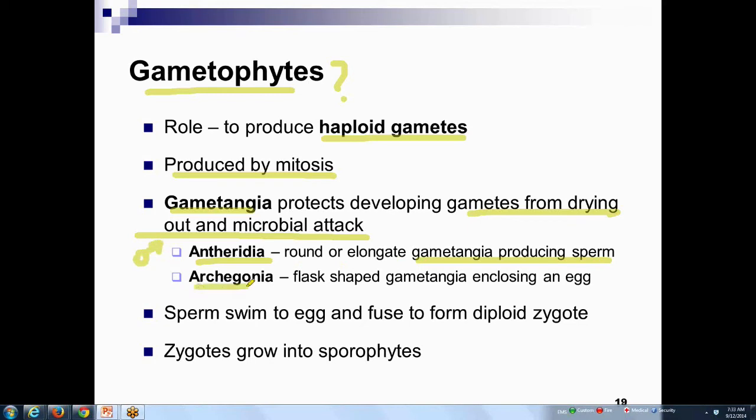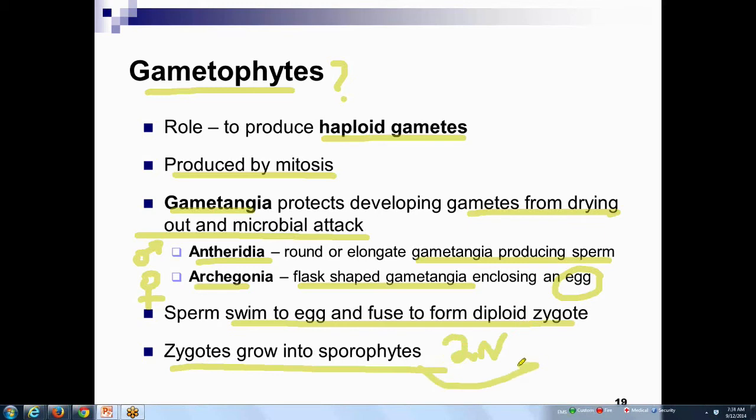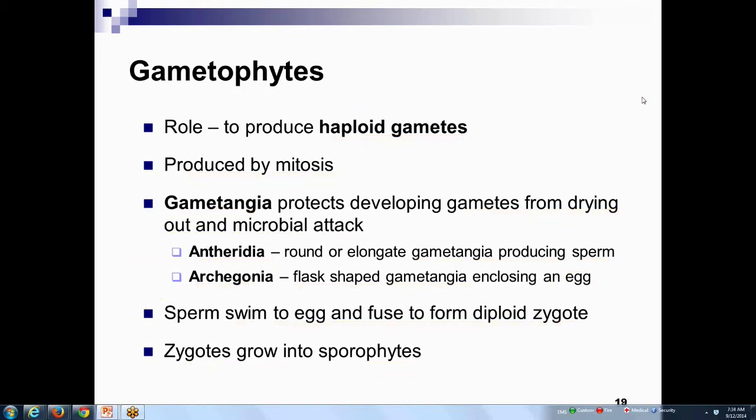And every time you hear archegonium, that's female. The archegonium is a flask-shaped gametangium which encloses that egg. So the sperm swim to the egg and fuse to form the zygote. Zygotes develop into sporophytes. Of course, they're diploid. And then what do they go through to produce spores? That's right. They're going to go through meiosis to produce those spores. You are definitely paying attention. I can tell, guys.